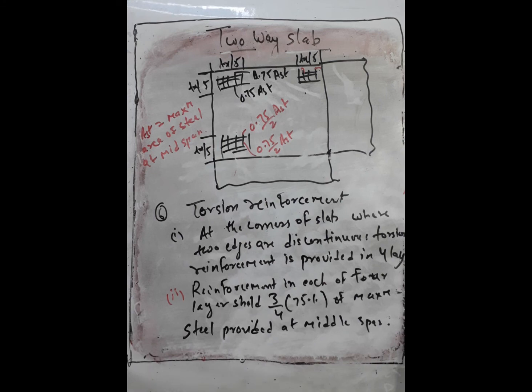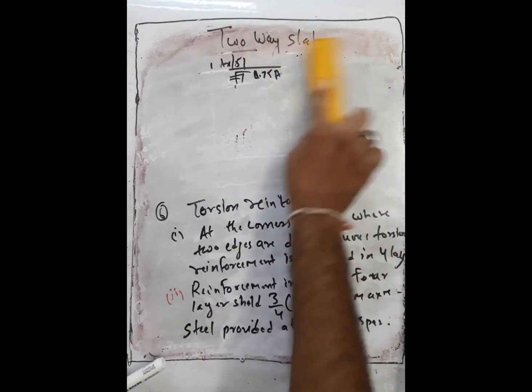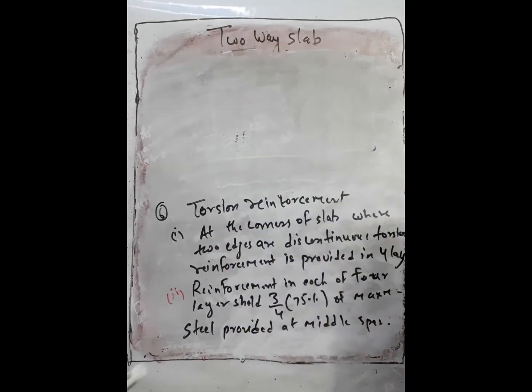Okay, now I rub this diagram and write the last 2 points which I have given for torsion reinforcement.